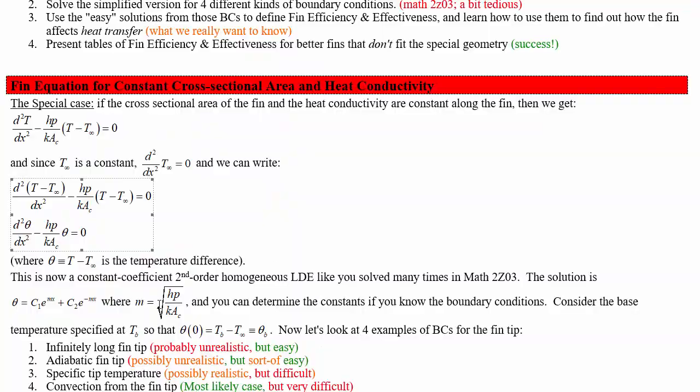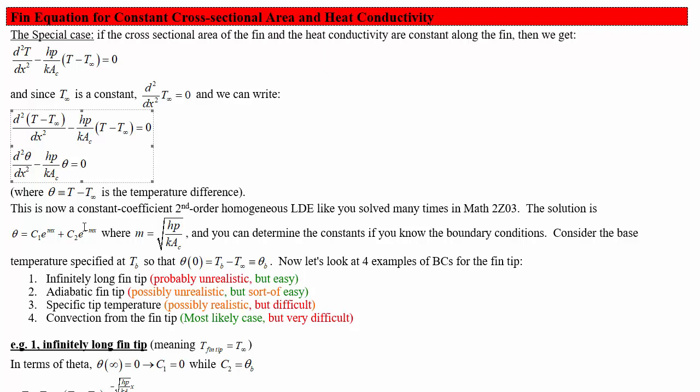So how you solve it is by substituting an assumed form of e to the mx, and once you substitute that in, you find that there are two different solutions, e to the positive mx and e to the negative mx, and then you take a linear combination of them to get the general solution, C1 e to the mx plus C2 e to the negative mx.